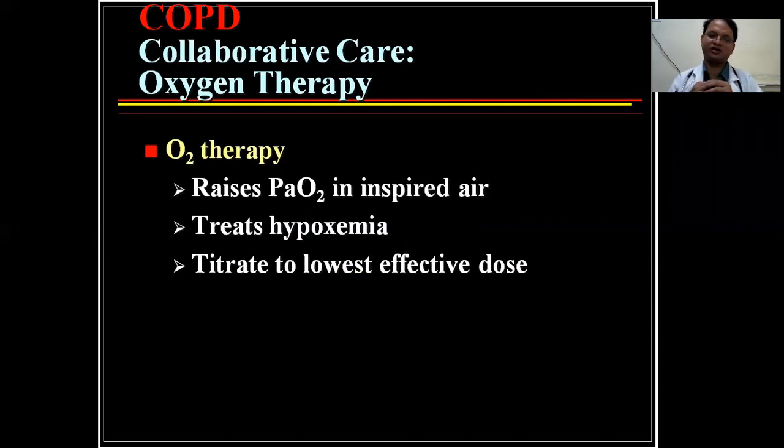In the medication, oxygen therapy has a pivotal importance. Oxygen therapy raises the PO2, the partial pressure of oxygen in the inspired air, and it treats the hypoxemia, which is most commonly prevalent in these diseases. The oxygen has to be titrated carefully, and the lowest effective dose has to be applied to the patient.